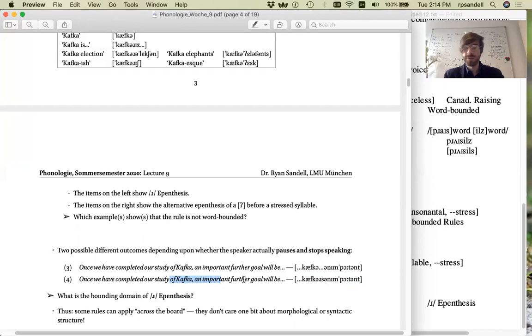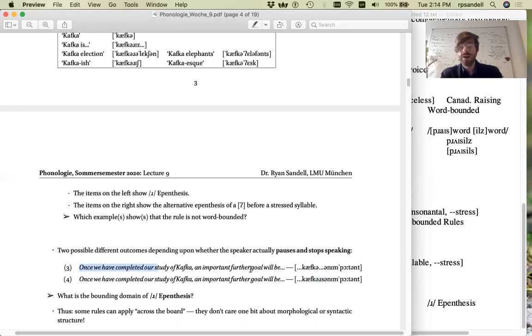Kafka-R-an important. So here we have 2 vowels, the final schwa of the word Kafka and the vowel of an, the schwa of the indefinite article. The R epenthesis can apply there in this case.